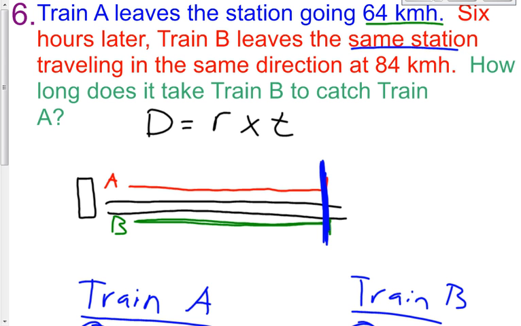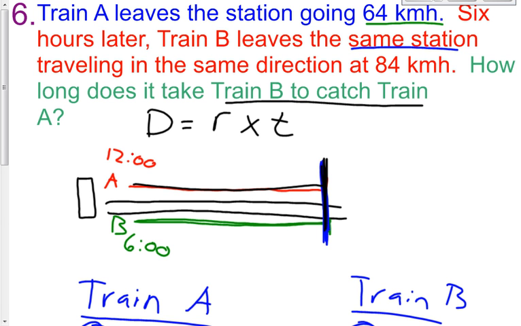Let's just say train A leaves at noon, 12 o'clock. 6 hours later, that means train B would leave at 6 o'clock. Right? Now, once they go that same distance, they're going to get there at the exact same time because train B is going to catch train A.